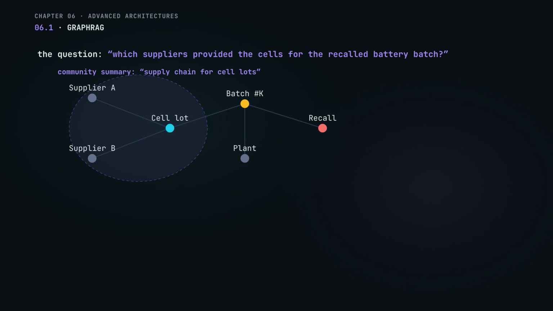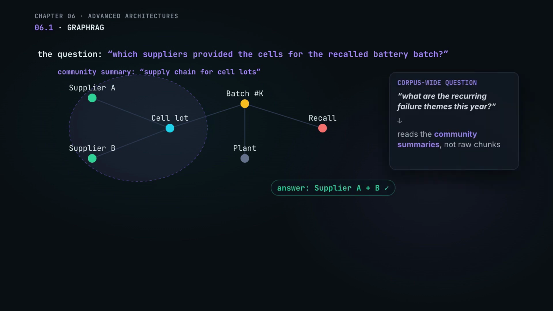A relationship question walks the edges of the graph, one hop at a time, to assemble its answer. And a broad, corpus-wide question like, what are the recurring failure themes this year? That one reads the pre-written community summaries instead. On exactly those big picture questions, GraphRAG clearly outperforms plain vector search.